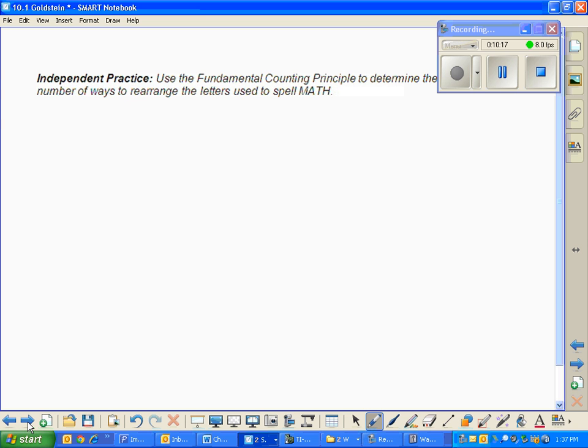Does anyone know what those events are that I'm talking about in this situation? Yeah, you're picking, so we have to pick the letters as we go. So the first event is picking the first letter. Then the second event would be picking the second letter. The third event would be picking the third letter. And the fourth event would be picking that fourth letter. So I want you to work with this and see if you can come up with the right answer here.